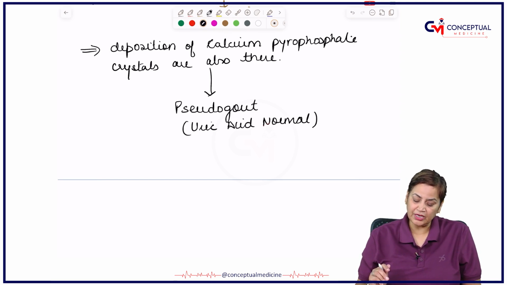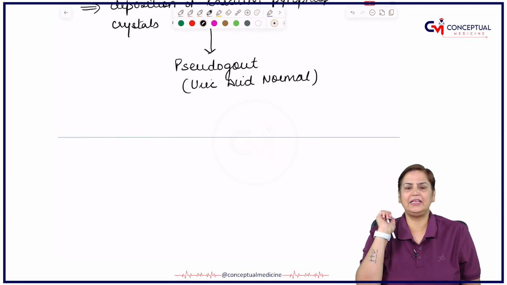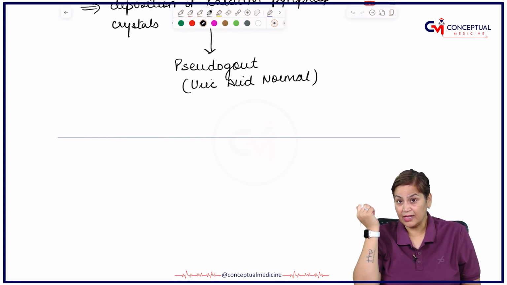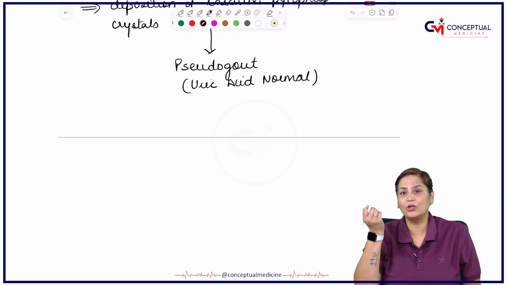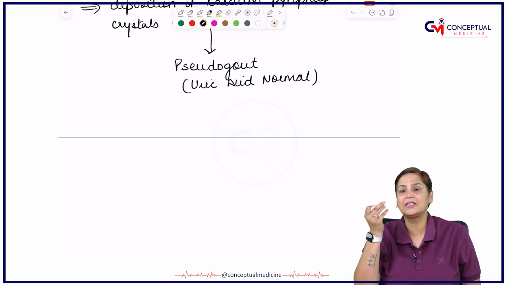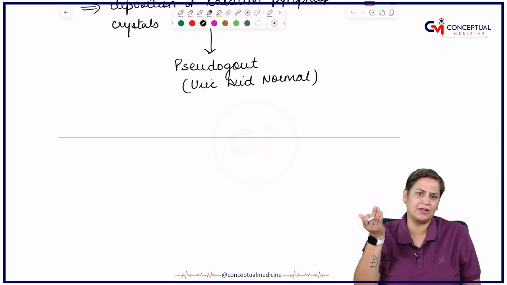Right. Now the question is, what are the factors which can lead to gout? The most important factor which can lead to gout is the food, seafood, and the second one is alcohol. Alcoholism also leads to increased concentration of uric acid, and sometimes what happens is the metatarsophalangeal joint is the first joint which is always affected by this gouty arthritis.